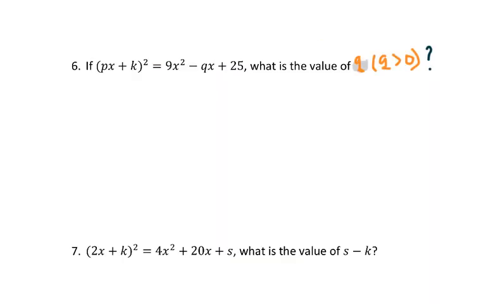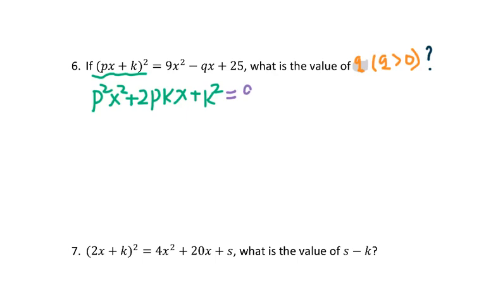For number 6, if (px plus k) squared equals 9x squared minus qx plus 25, what's the value of q? First of all, (px plus k) squared means p squared x squared, then plus 2 times px times k, that will be 2pkx, then plus k squared.